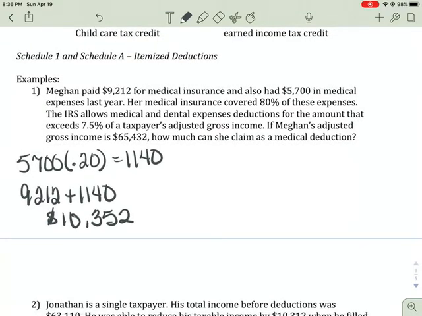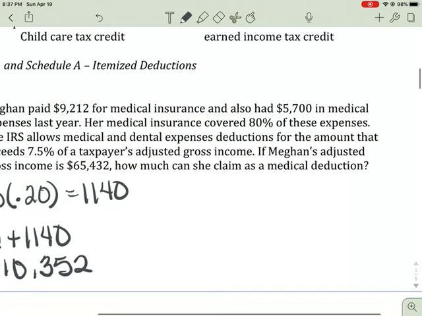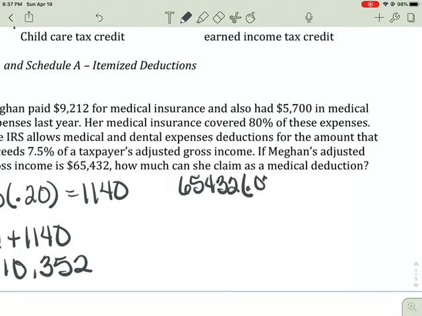Now, according to the IRS, they will allow you to deduct if you exceed 7.5% of your gross income. So we have to take 7.5% of Megan's gross income and figure that out.